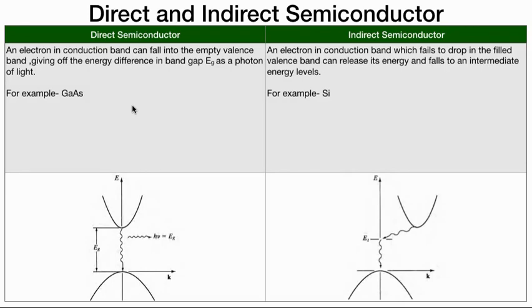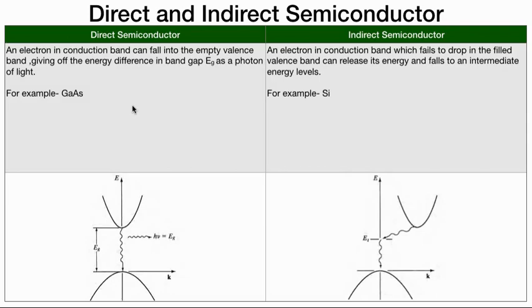If an electron stable in the conduction band gets energy from a photon incident on that semiconductor, then after absorbing that energy, it falls back to the valence band. It releases that amount of energy in the form of light.